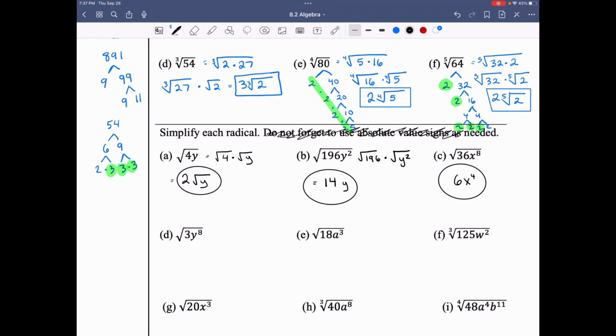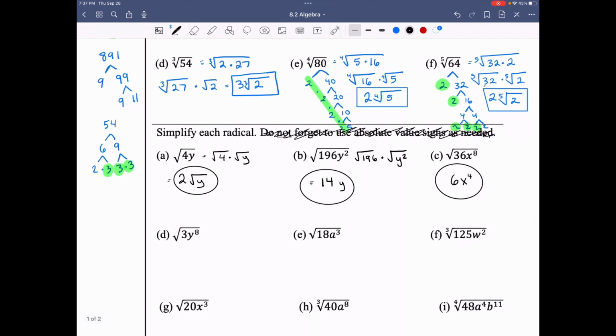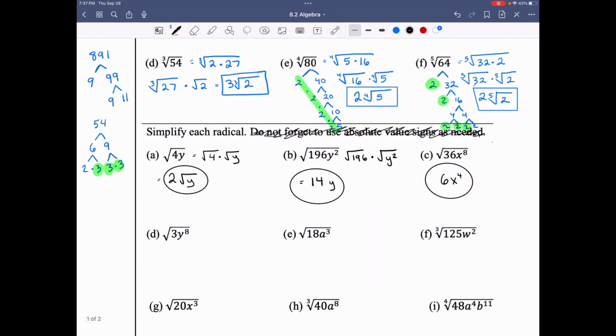We're going to assume that all variables represent non-negative real numbers. Okay, so we're not going to worry about the absolute values for now.